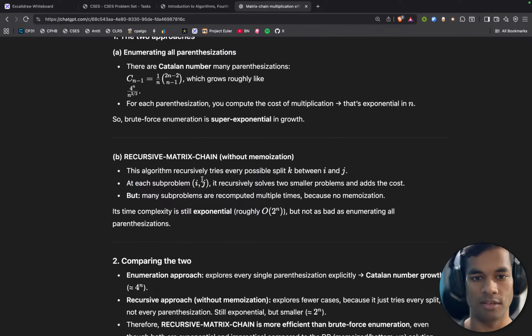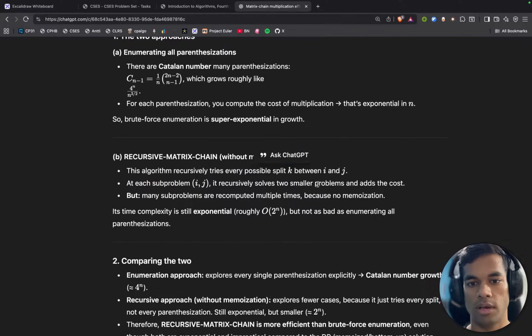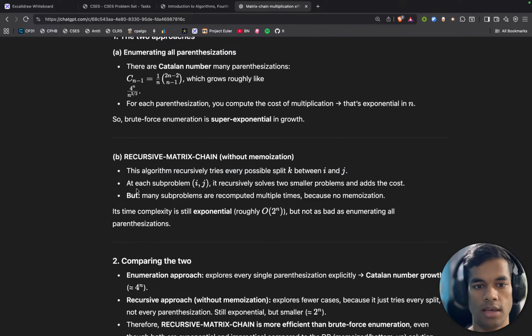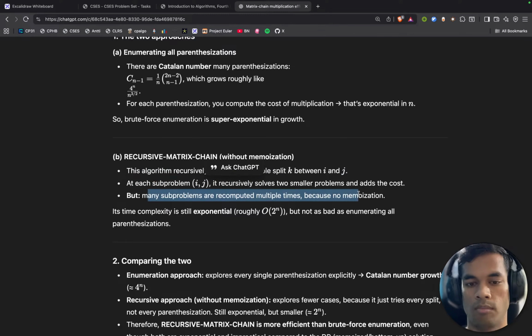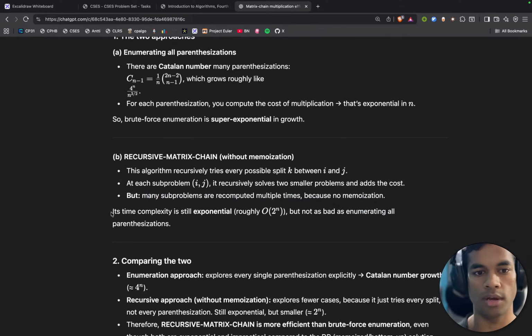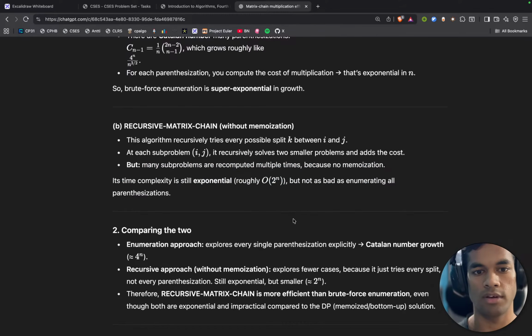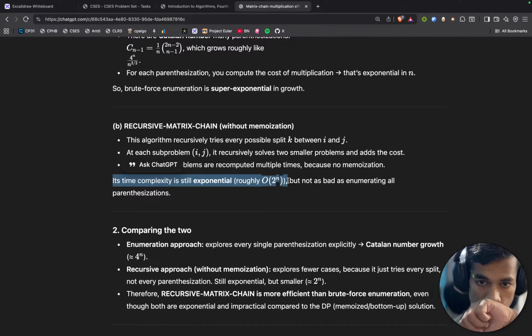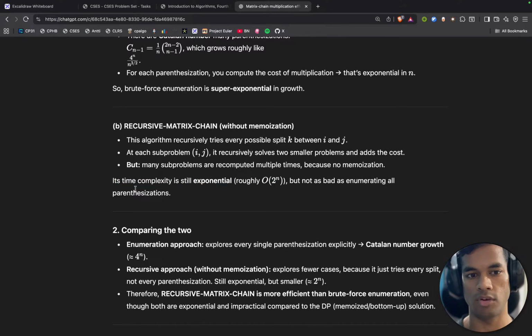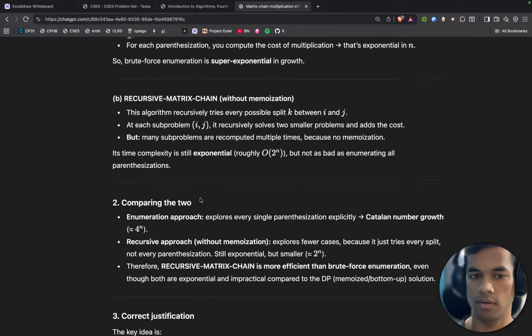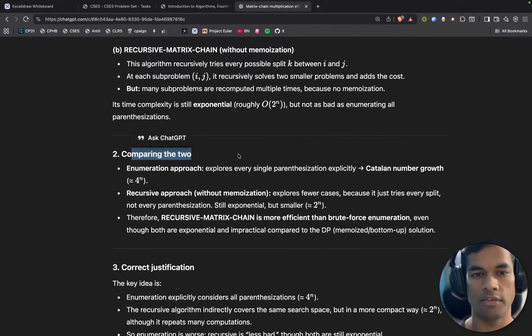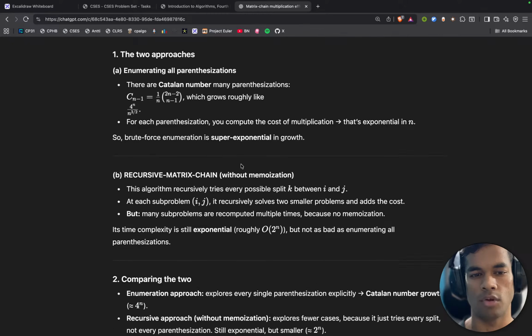This algorithm recursively tries every possible split k between i and j at each subproblem. Many subproblems are recomputed many times. The complexity is still exponential, roughly 2 power n, but not as bad as enumerating all parenthesizations. So my assumption that the sample space is the same is not correct.